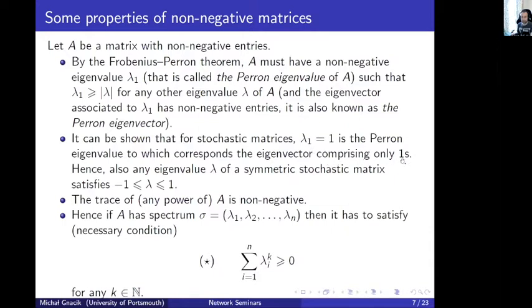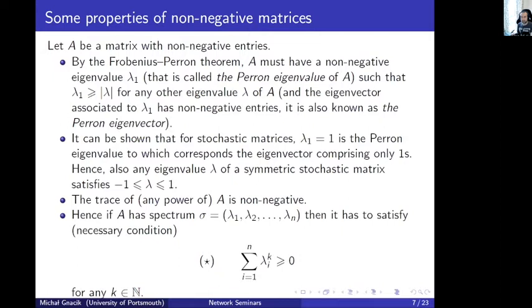Showing that lambda 1 equals 1 is a Perron eigenvalue is clear from the definition. It's maybe a bit more tricky, but we know that it has to correspond to the eigenvector that has all ones.